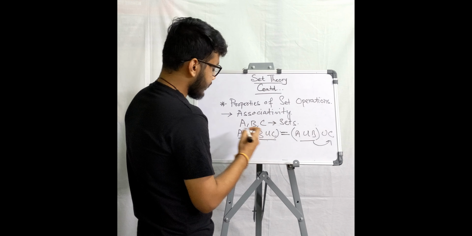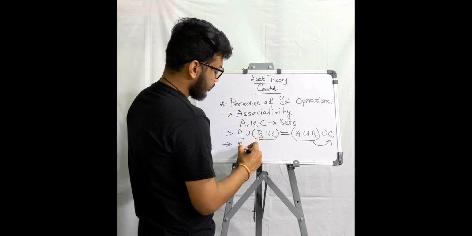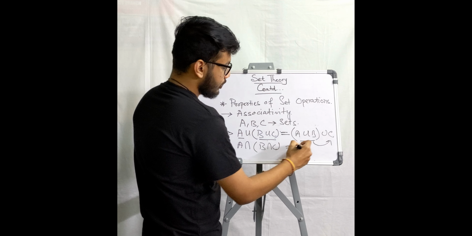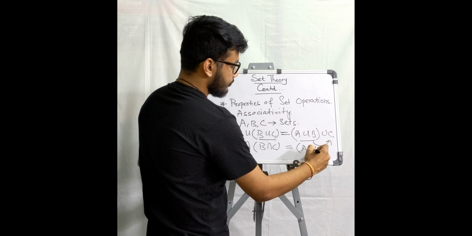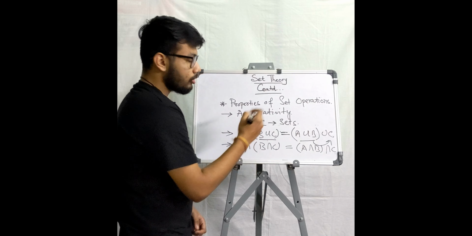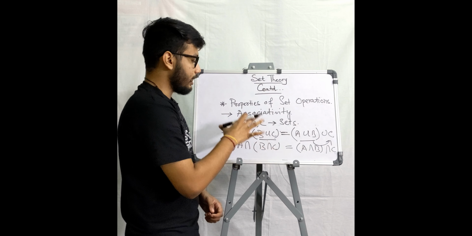The second thing is related to intersection. The same thing: A intersection (B intersection C) is equal to (A intersection B) intersection C. Let us try to prove this associativity law with the help of an example.